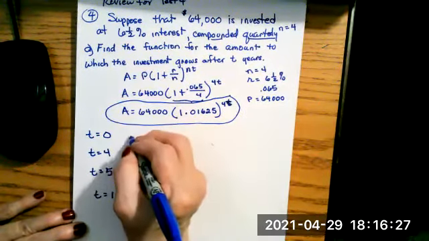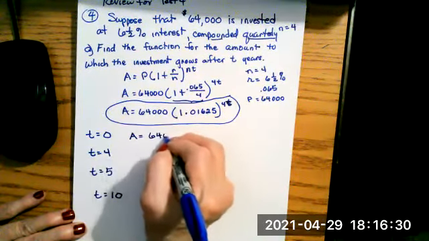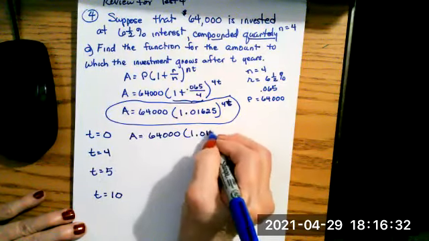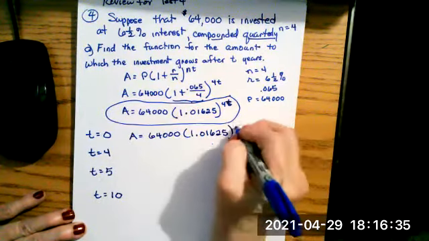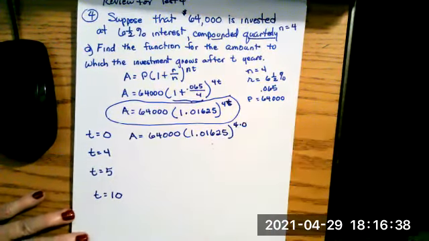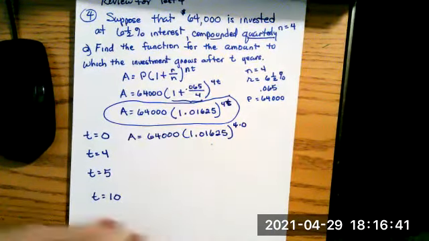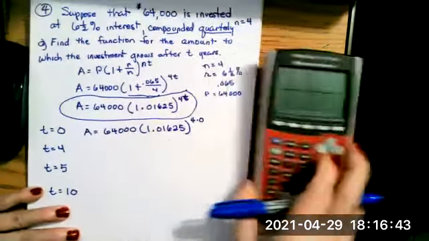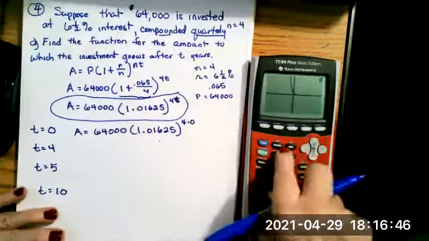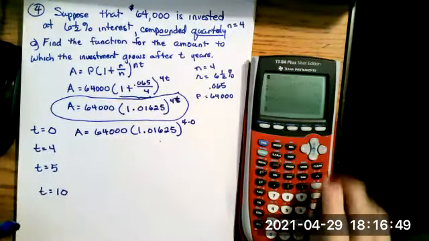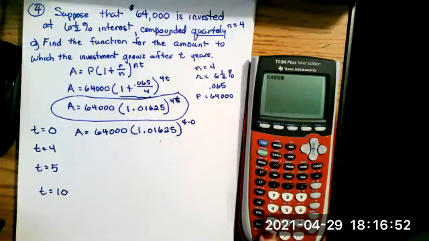So the A one, this first one here, is going to be 64,000 times 1.01625, and it's going to be 4 times 0 when you put it in. So when you put it in your calculator, you have 64,000 parentheses 1.01625, and you're raising it, and you can put the 4 times 0 up there.